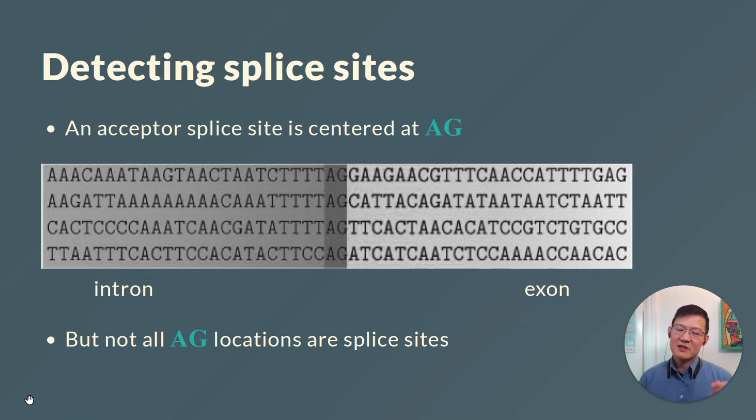Okay. So now let's zoom in a bit on exactly one problem, which is to detect something called an acceptor splice site. Okay. It turns out that almost all acceptor splice sites have this motif.